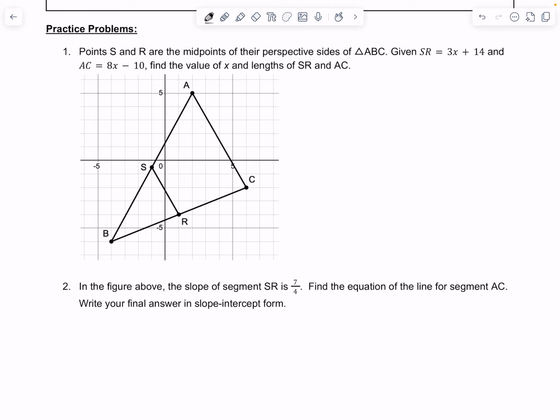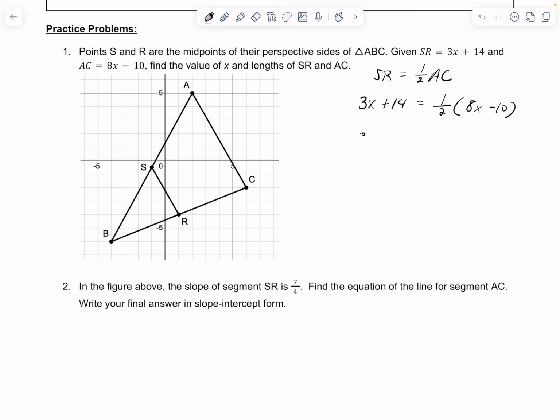All right, so the midsegment theorem would state that segment SR is equal to 1/2 the length of segment AC. So by plugging in those expressions, 3x plus 14 for segment SR, and 1/2 times 8x minus 10 for segment AC.